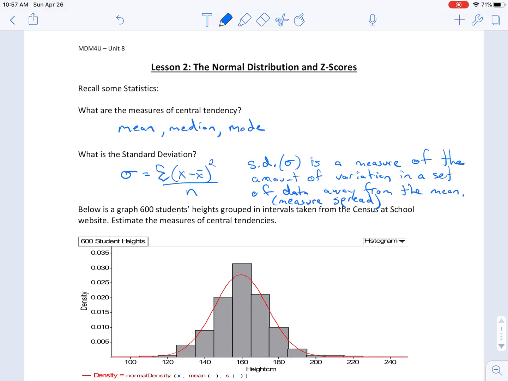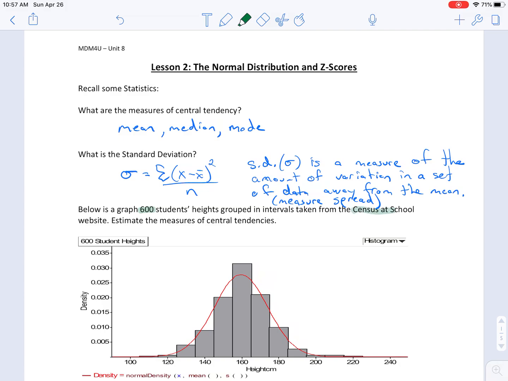Another way to think of it is just it's the measure of spread of the data. So if your data is clustered more around the mean, then you're going to have a smaller standard deviation. If it's spread out more, you're going to have a larger standard deviation.